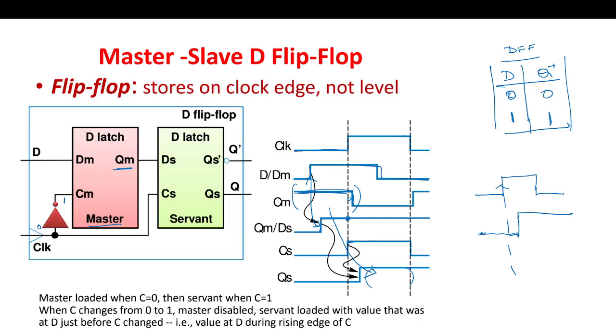Now if we want to make a negative edge trigger, we just give a 0 here and a 1 here, I mean the NOT gate will come here instead of here. So the slave is working at this edge, and that will be the final flip flop.